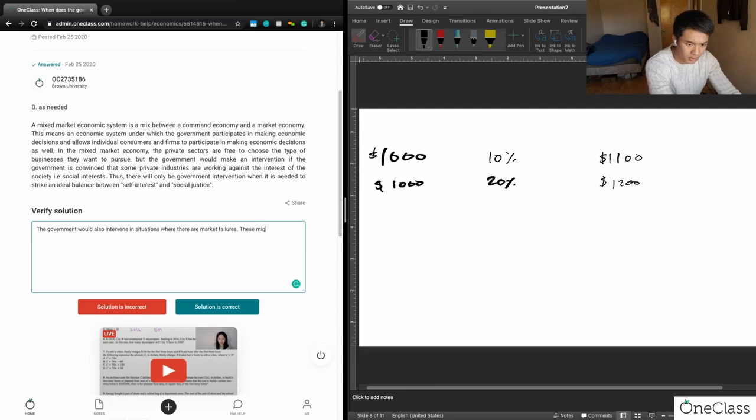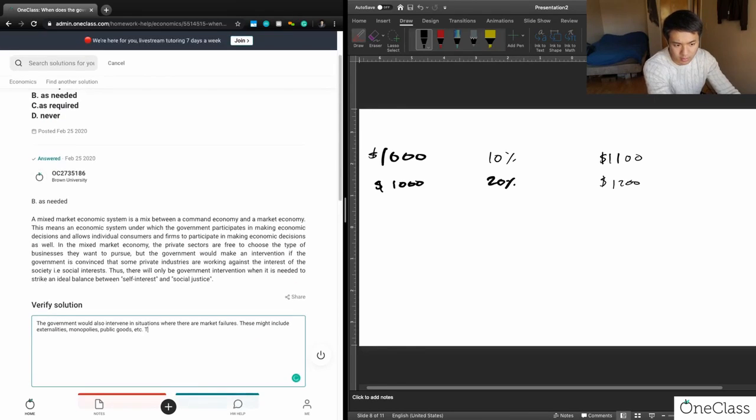These might include externalities, monopolies, public goods, etc. A market economy would inefficiently allocate resources when dealing with market failures, which would require intervention or regulation by the government. And that's going to be more of our filled-in answer.